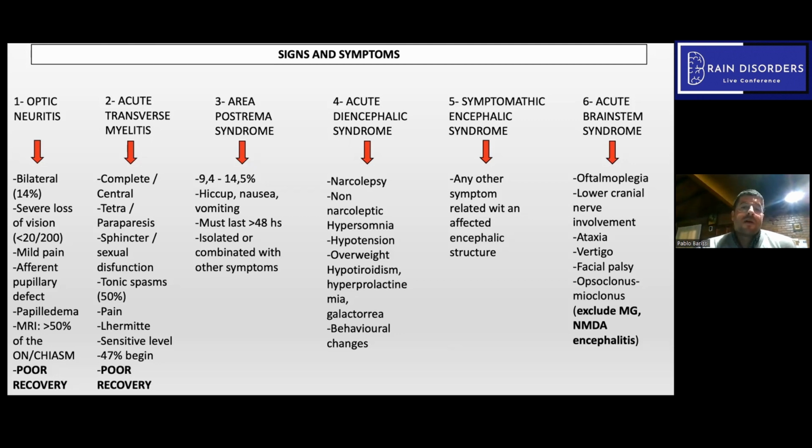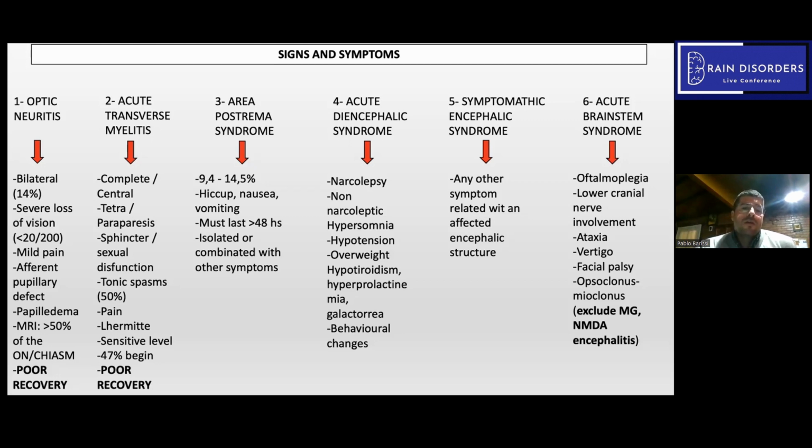The Area Postrema Syndrome is one of the new discoveries and one of the most frequent symptomatologies that we will see in NMO. And 9.4 to 14.5% begin with this. It's really frequent compared with optic neuritis and acute transverse myelitis.